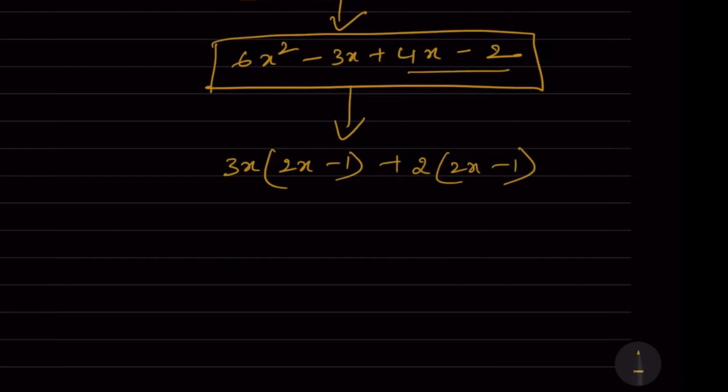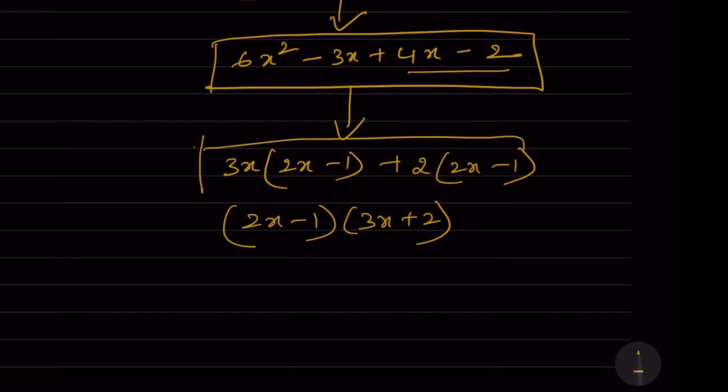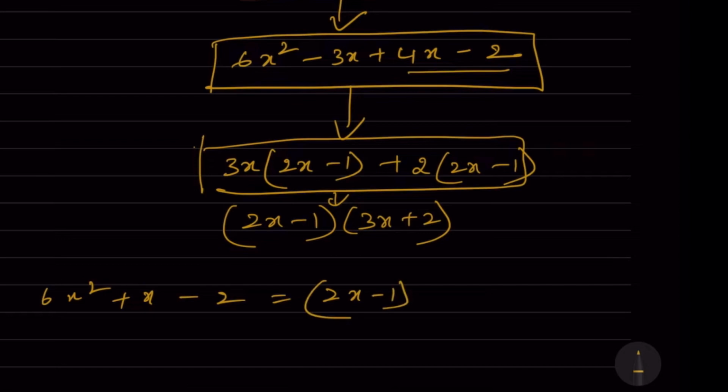Now in these two, we can take 2x minus 1 out common, and we are left with 3x plus 2. So the final answer which we got is that 6x square plus x minus 2 is equal to 2x minus 1 into 3x plus 2.